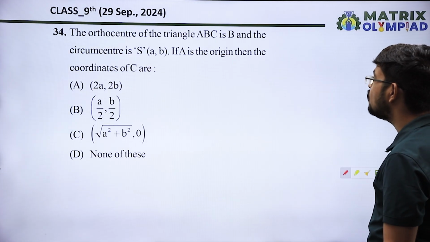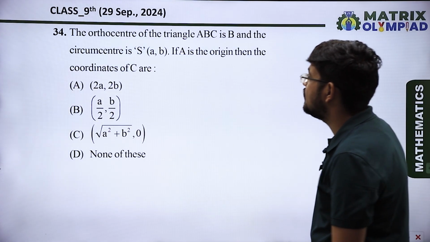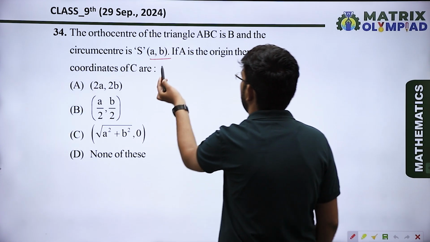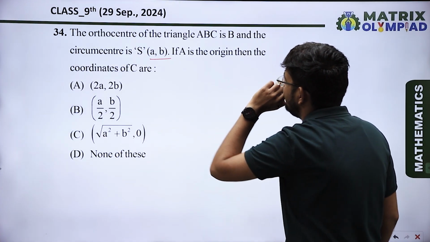In the next question, the orthocenter of the triangle ABC is B and the circumcenter is S, A comma B. If A is the origin, then the coordinates of C are.